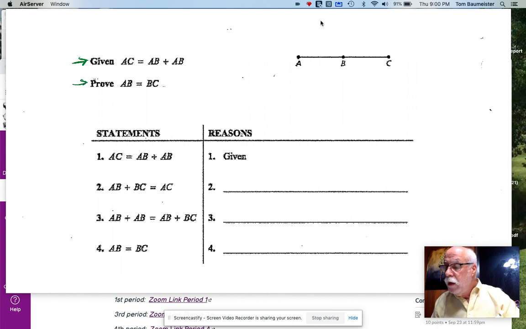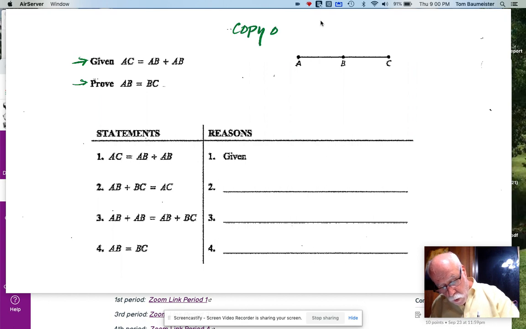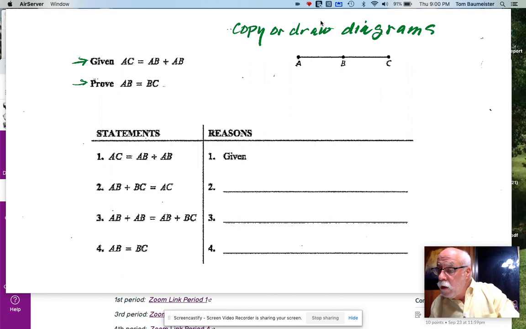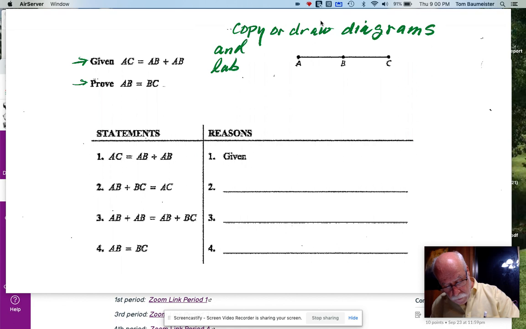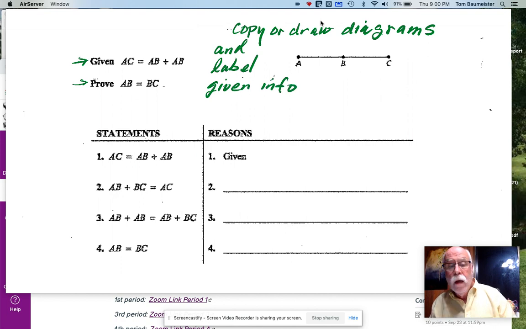If they don't have one, or if we're doing it out of a textbook, you should copy or draw diagrams and label given information to help develop proofs.